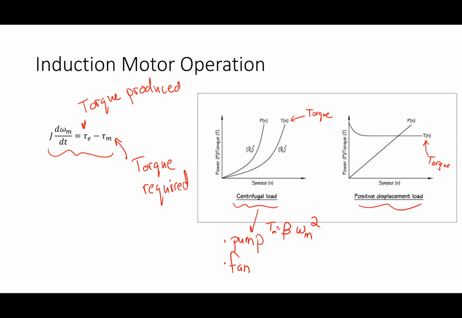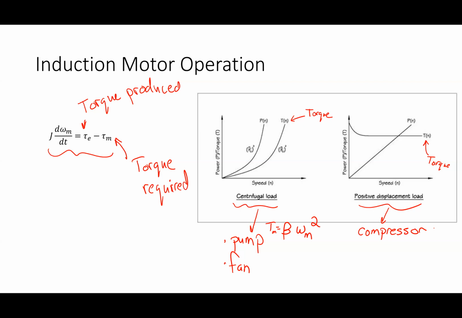This positive displacement load, and I don't expect you to necessarily know this, would be like a compressor. We're going to look at an example of that on Wednesday, like an air compressor. So the torque is constant. Those are the sorts of things we're going to deal with.